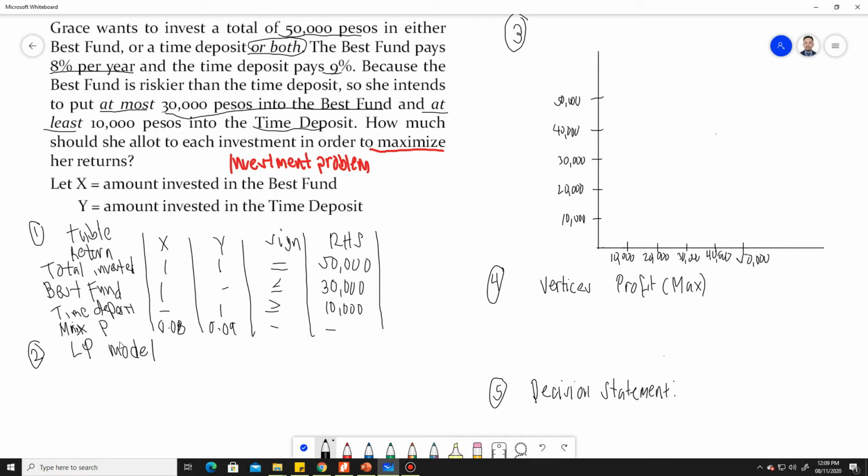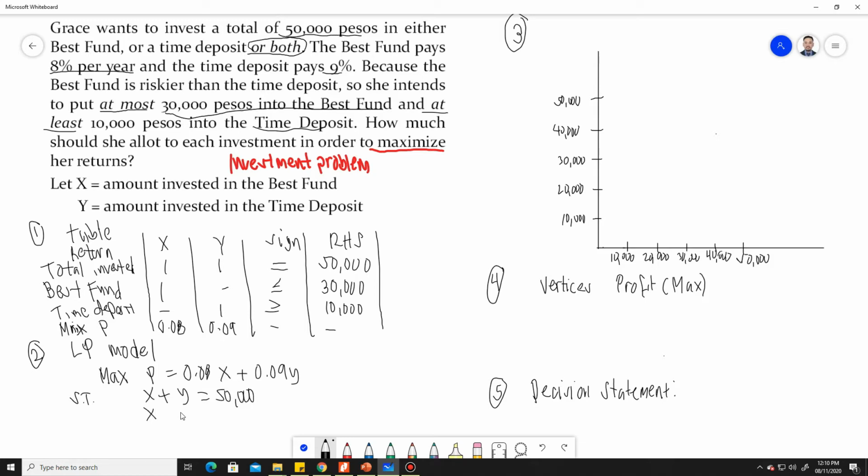Okay. So yung LP model natin, so we have objective function max P equals 0.08x plus 0.09y, subject to three constraints. We have x plus y equals 50,000.